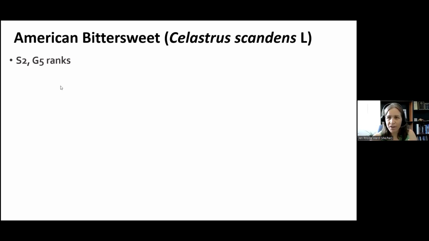The G5 rank means it's secure. So worldwide, American bittersweet is doing pretty well. In North Carolina, the S2 rank means it's vulnerable to extirpation. There are fewer than 30 viable populations of American bittersweet in North Carolina, and they're not doing very well. They're threatened by things like development and by the Asian bittersweet.